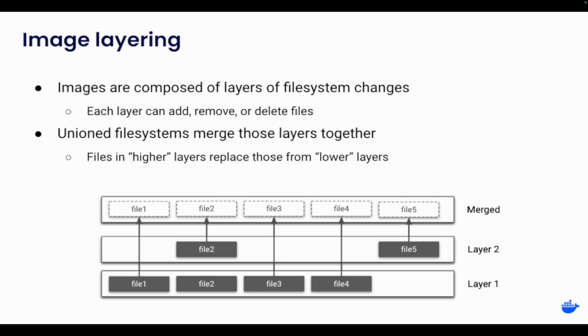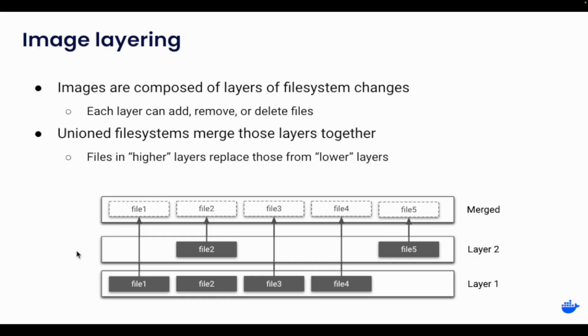Well, each one of those things is a layer. And the layer is a set of file system changes that is going to be layered on top of each other. So if we look here, we can see layer 1, layer 2, and a merged layer. So each layer could add, remove, or delete files. Okay, so with the union file system, all these will get pulled together. So we can see down here in layer 1, we're adding file 1, file 2, file 3, file 4.